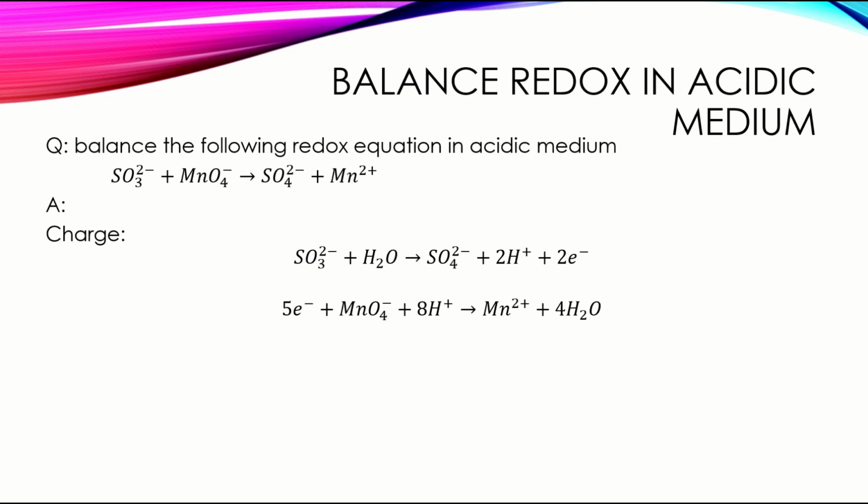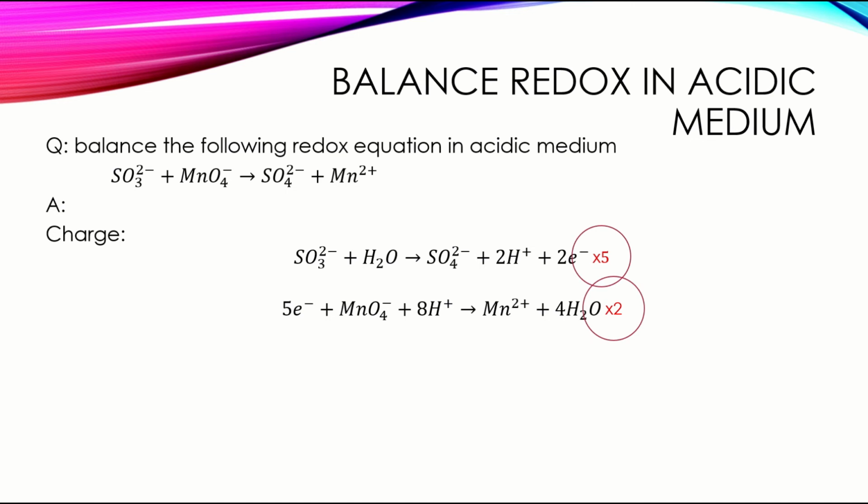Here, for the oxidation half equation, I have 2 electrons and for the reduction equation, I have 5 electrons. So I have to multiply by 5 and 2 respectively. The half equations are added together, cancelling out the electrons to form one balanced equation.